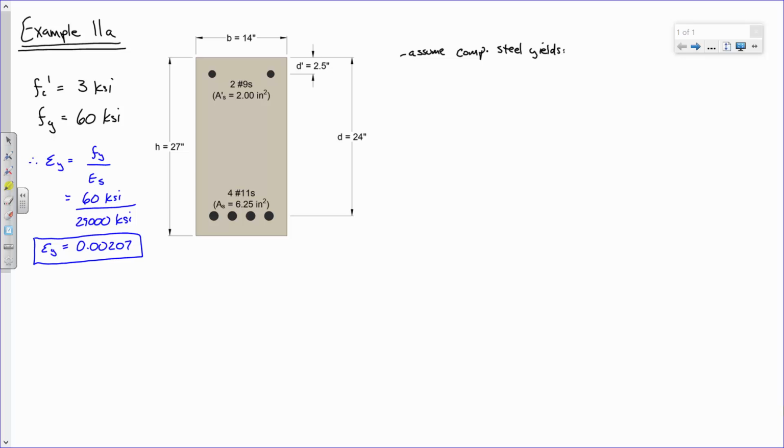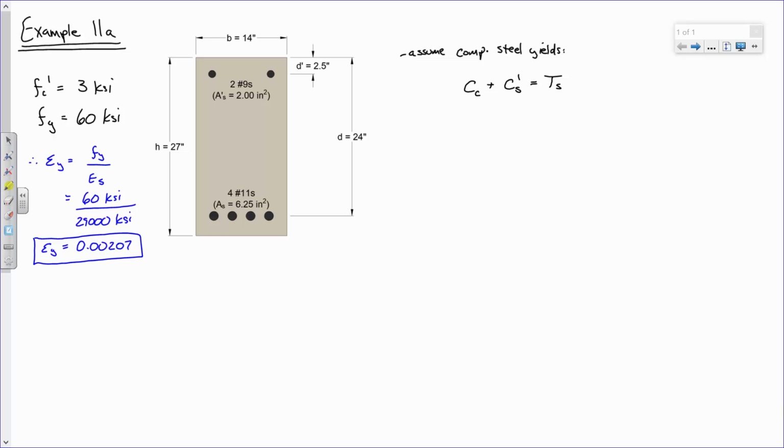What's that? Equilibrium. In other words, that the compressive force had to equal the tensile force. Now, the problem with a doubly reinforced beam is that we don't have just one compressive force, we have two. So we have the compressive force in the concrete plus the compressive force in that upper layer of compressive steel has got to equal the tensile force.